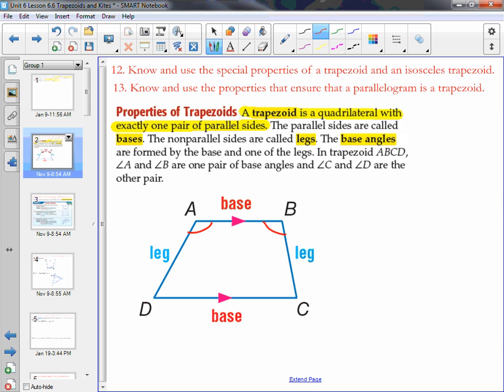And I don't really mean to say that they're congruent. So those 2 that I've marked in red are 1 pair of base angles. Then angle C and angle D are formed by segment CD, the other base. They make the other pair of base angles. Okay? So there's not a pair of base angles. There are 2 pairs of base angles. All right? Everybody with me?